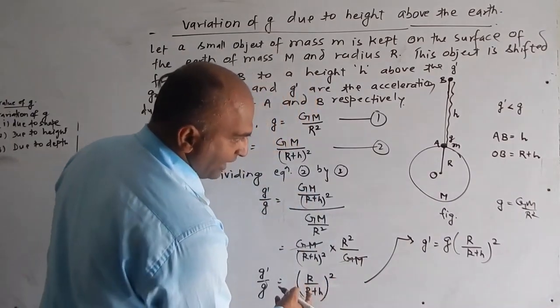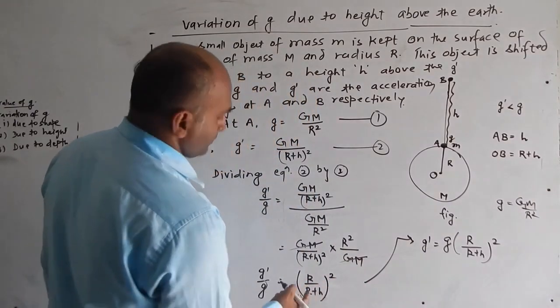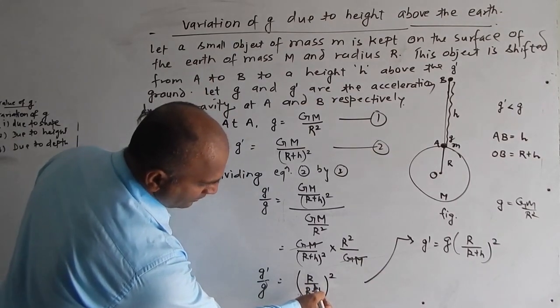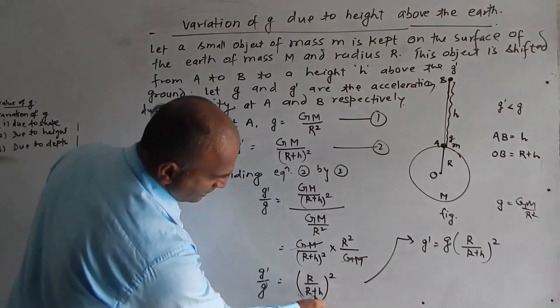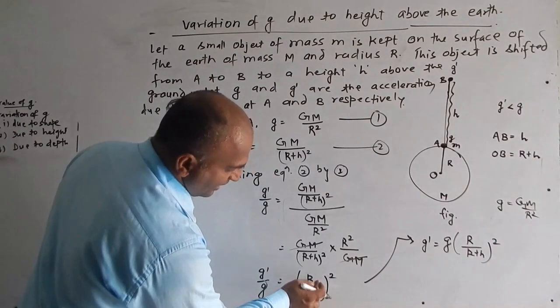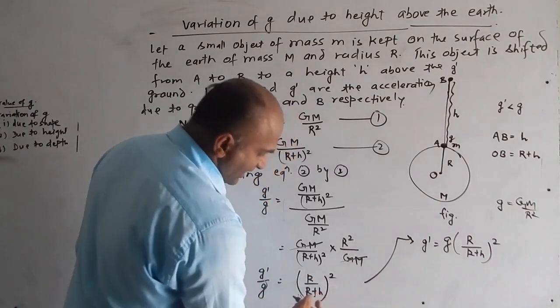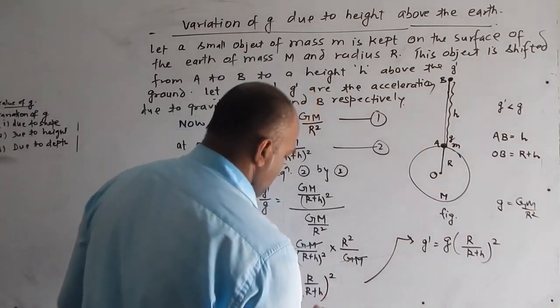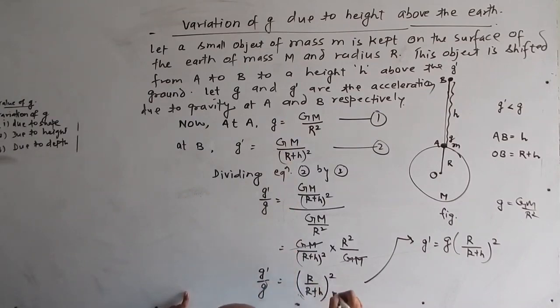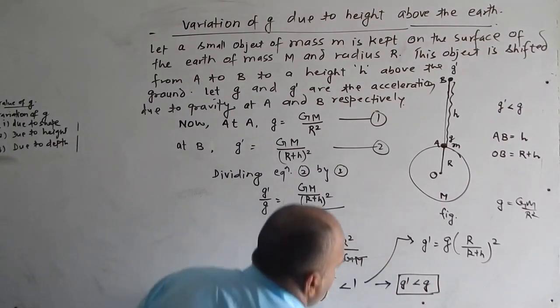Here, one point is to be noted that R plus h is bigger than R, so R by R plus h is less than 1. Therefore, we can write g prime is less than g.